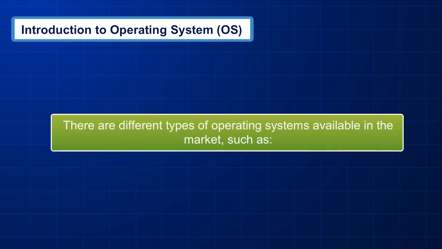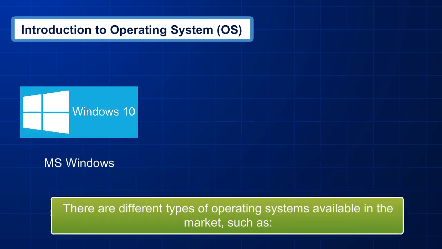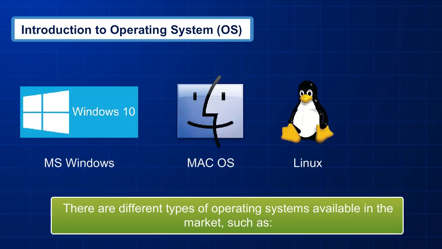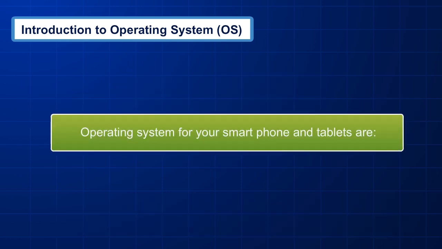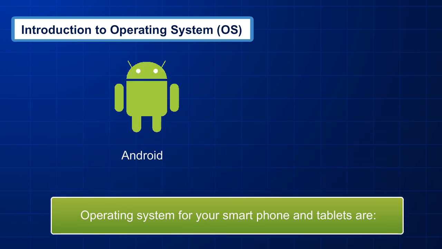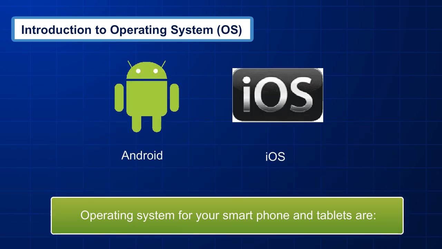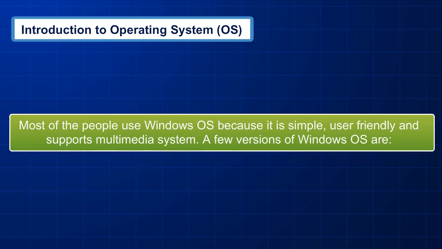There are different types of operating systems available in the market, such as MS Windows, Mac OS, Linux, Ubuntu, Android, iOS. Operating systems for your smartphone and tablets are Android and iOS. Most people use Windows OS because it is simple, user-friendly, and supports multimedia.